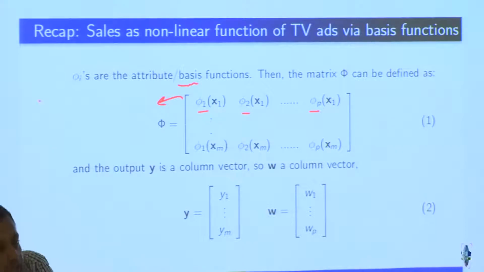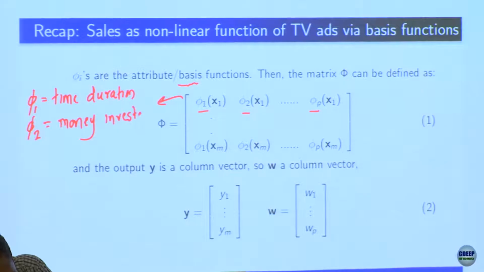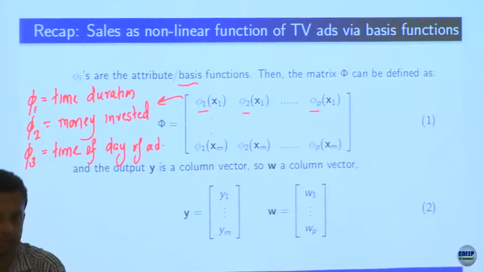Just to recap, we could say that phi 1 is the time duration of the ad, phi 2 is the money invested into the ad, phi 3 could be the time of the day of the ad, and so on.